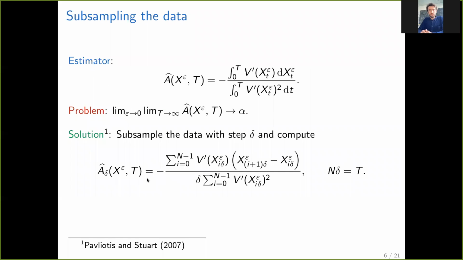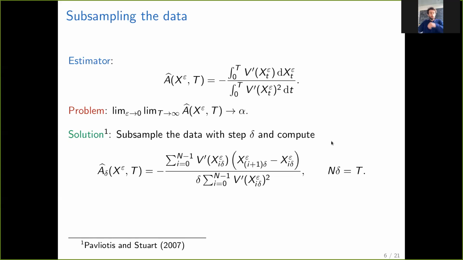So let's just see quickly how subsampling works. This is the estimator in the scalar case, when the number of parameters we are trying to infer is equal to 1. As we've seen before, the problem is that asymptotically this estimator doesn't converge to capital A, the effective drift coefficient, but to the drift coefficient of the slow component of the multiscale potential.